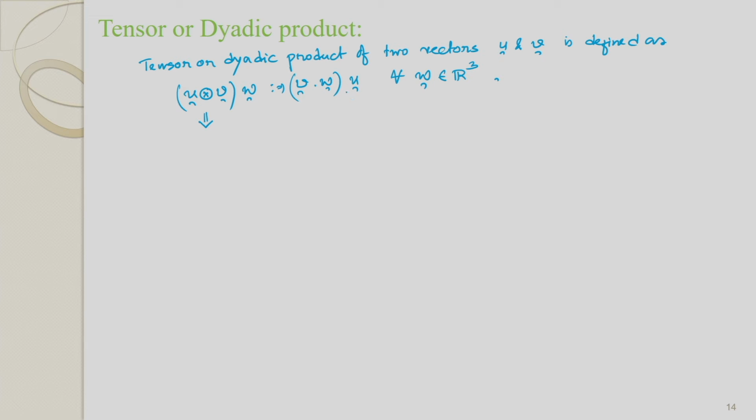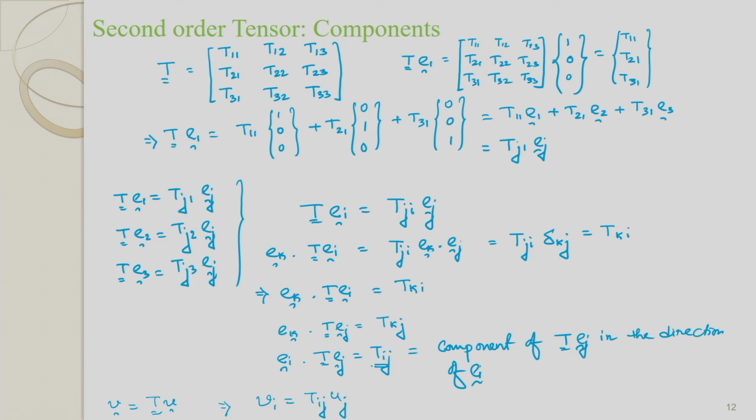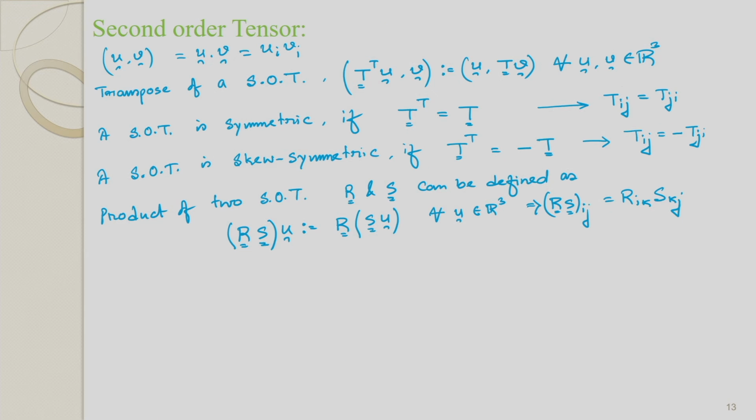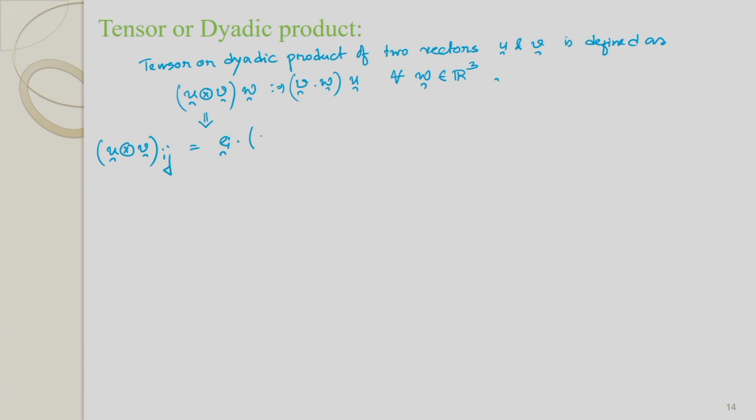You can see this is also a vector. Now, if we want to see the components of this tensor, using this relation Ei dot Tej, we can write Ei dot, then we can use the definition of dyadic product, so this is the component of this dyadic product.